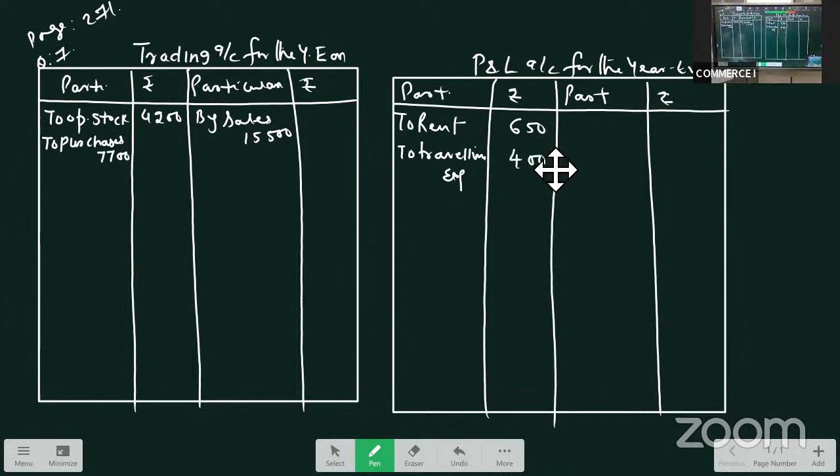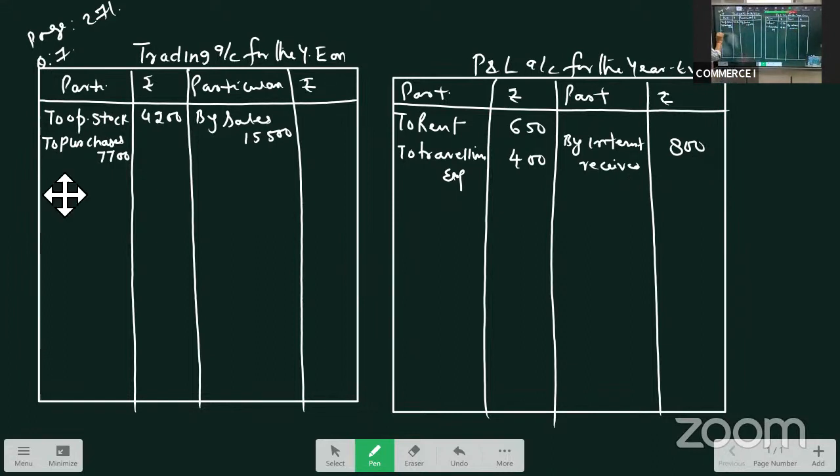Then we have interest received. It's an income that we take on the credit side of P&L account. The amount is 800. Then clearing charges.